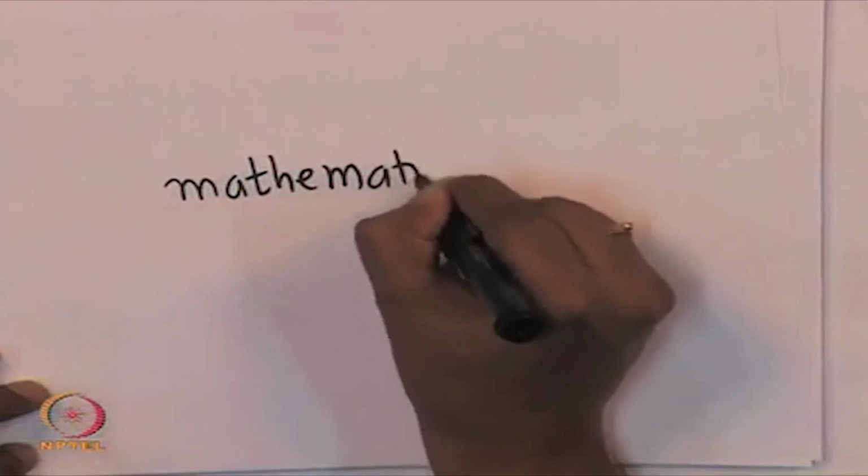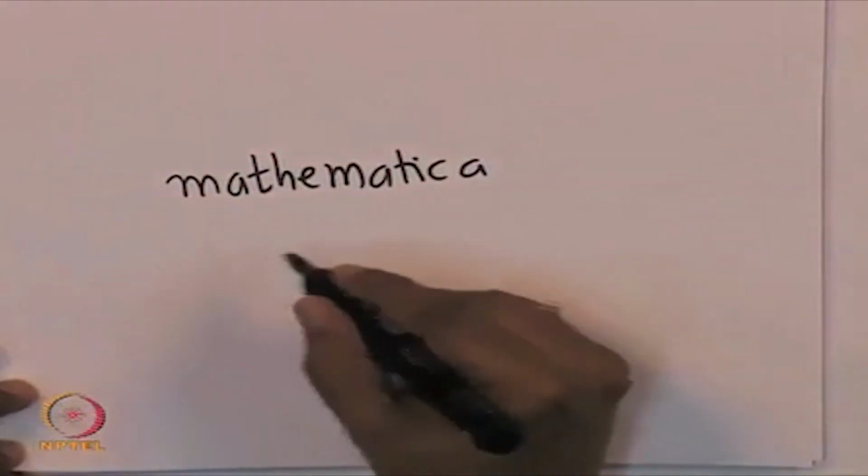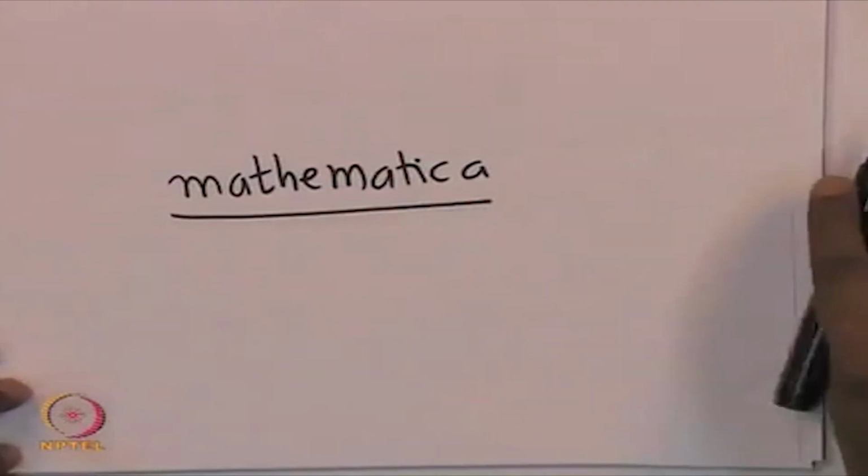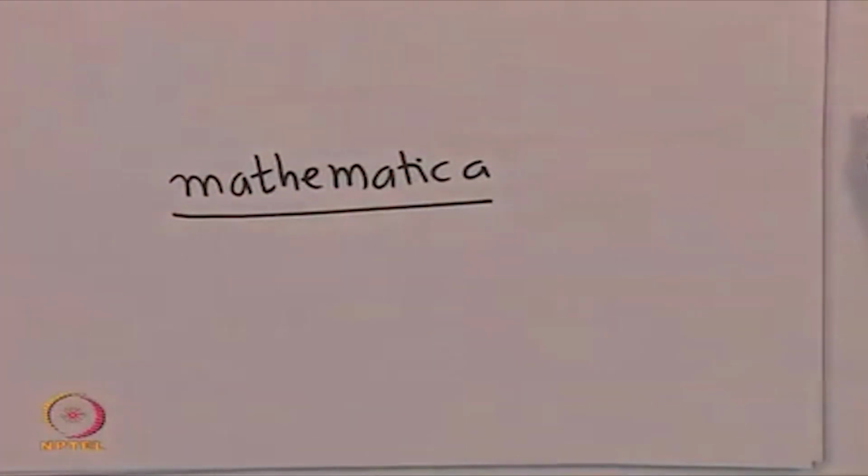This is a software which you have to buy, so it is not freely available. It is not an open source software. We would not discuss that in detail, but it is one software where you can do such analytical calculations, and you can do many other things numerically.